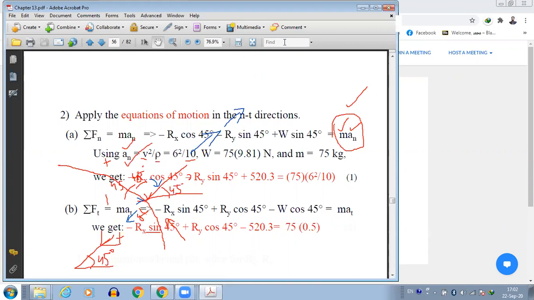True. Why is an always positive? Because look at the unit of an. The magnitude of an is v square upon rho. V is the velocity. Velocity minimum can be zero, it cannot be negative. And rho is the radius of curvature, so it can be at minimum zero, but cannot be negative. So an will always be positive.